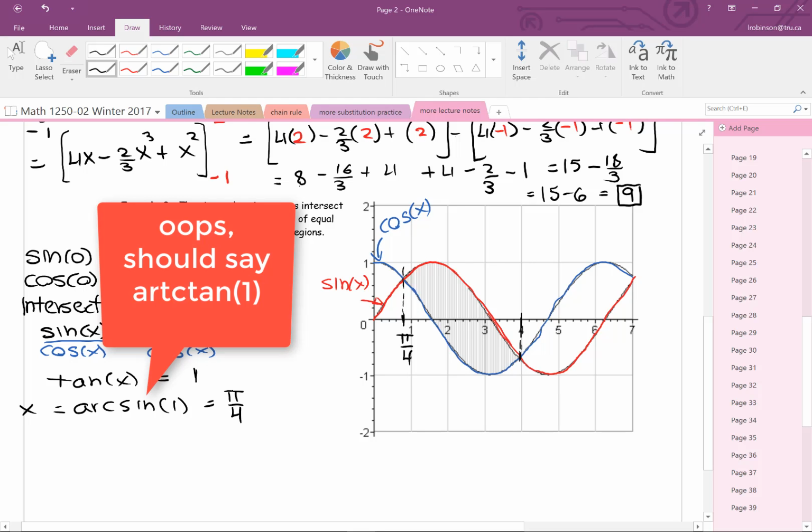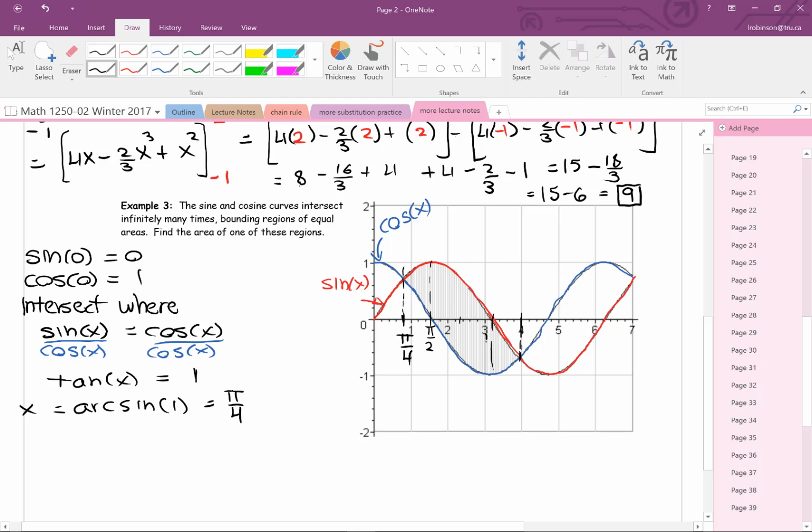And the other one is going to be, well, let's see, this is pi over 2. This is pi here. This is 2 pi.